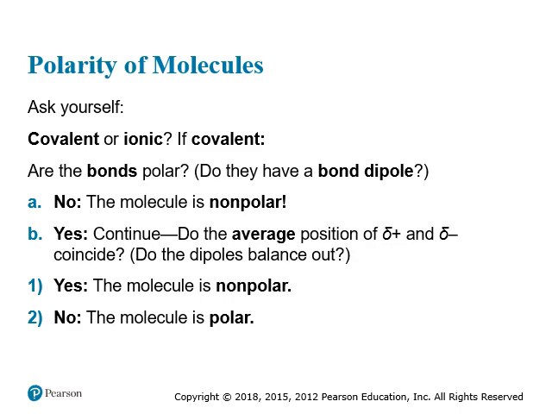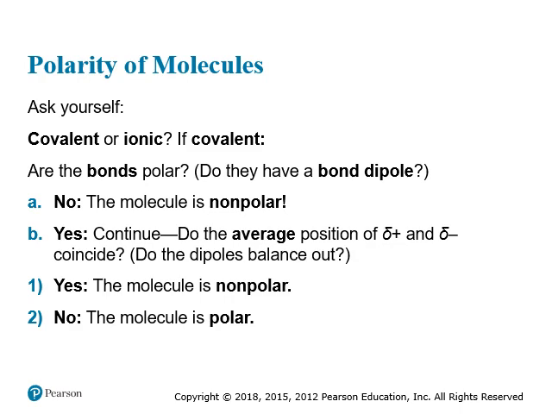So, are the bonds polar? If the bonds are not polar, then the molecule is nonpolar. If the bonds are polar, in other words, there is a charge separation, then we have to ask the second question.